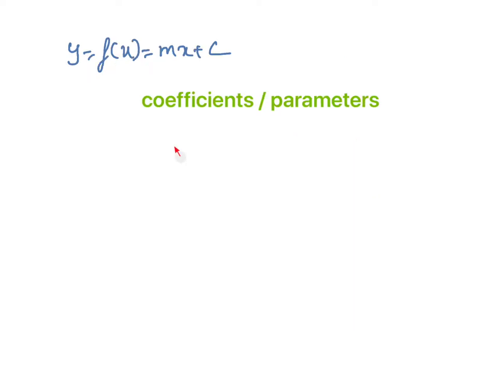A function has, as I said, variables. We call them parameters also. So we have two parameters here. In the case of a straight line, we call them m and c. M is the coefficient of x, and c is called the constant. And we call them parameters. The parameter m, this coefficient, is also known as the gradient.